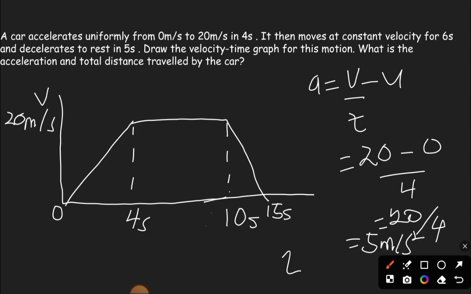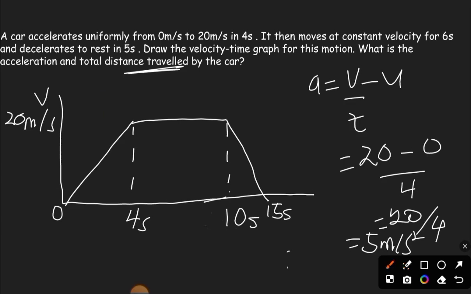The next thing we are supposed to find is the total distance traveled. Now in order to find the total distance traveled, as I mentioned, find the area of each of the figures. So this side we have a right angle triangle, so half base times height.